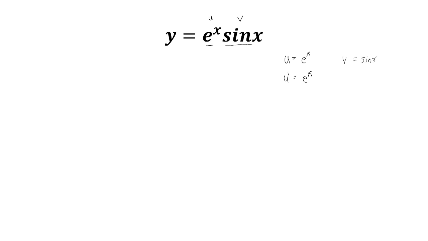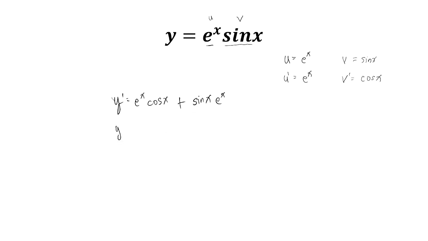And then, the derivative of v, that's v prime, equal to cosine x. Take note that e raised to x, derivative niya ay e raised to x din. So try to input to the product rule y prime equals u v prime plus v, and then u prime.